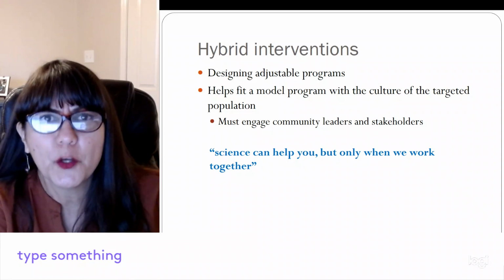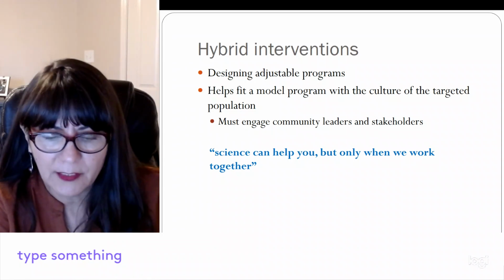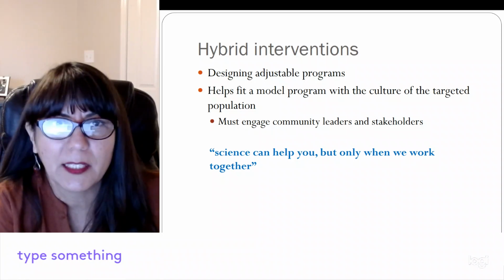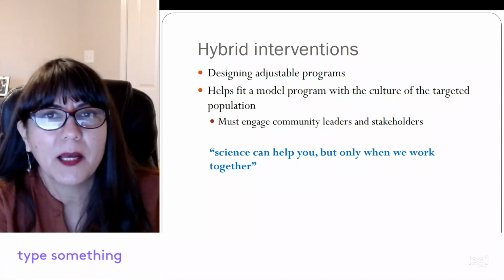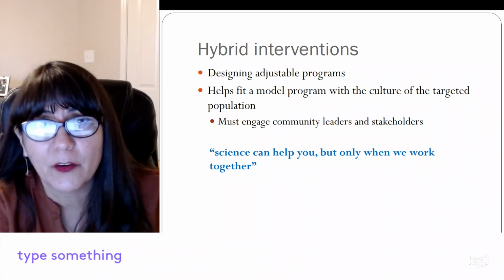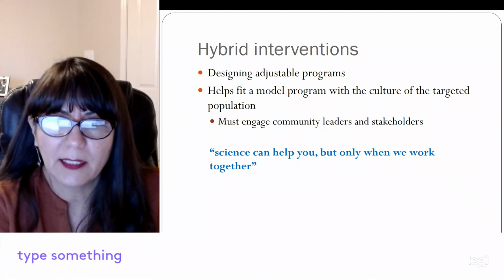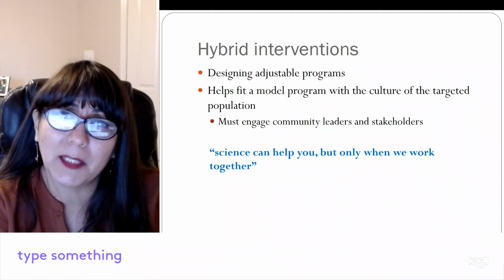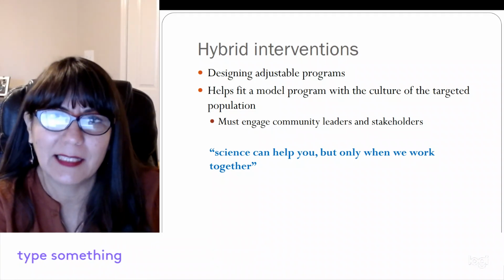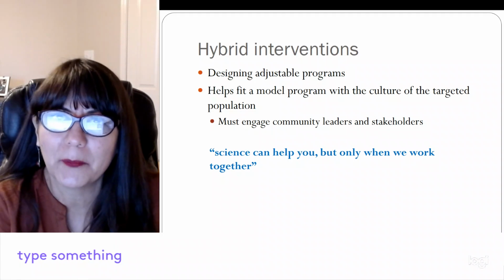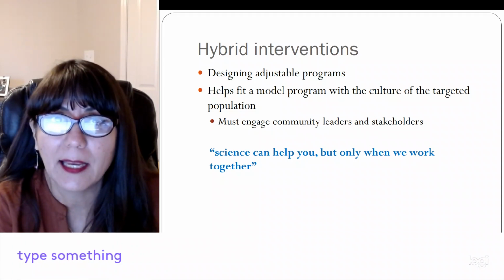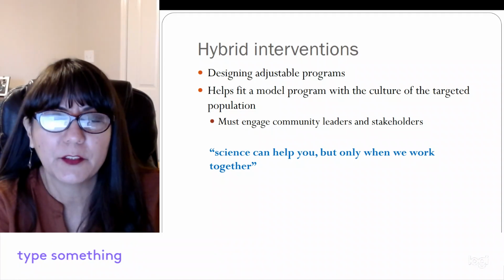In fact, there are so many studies that focus exclusively on asking populations, subpopulations, what their needs are or how they think about it. But that information is many times not taken and translated into programs. And so it's there for you to go and explore and to incorporate into your study.